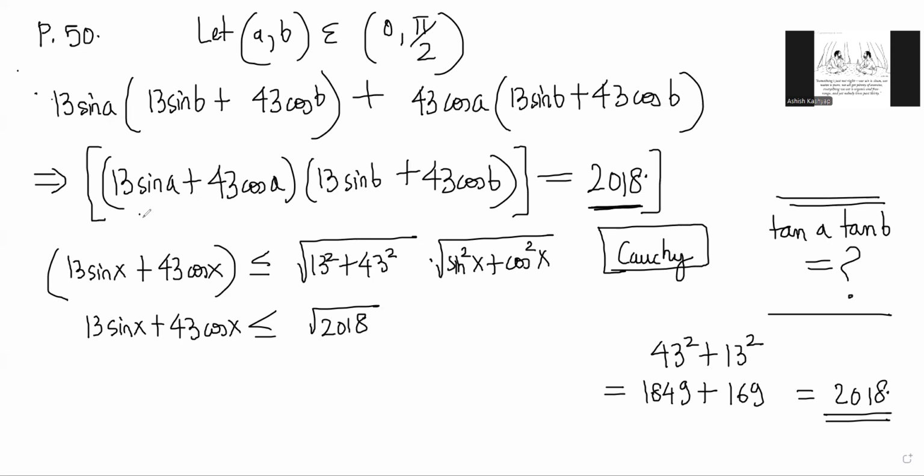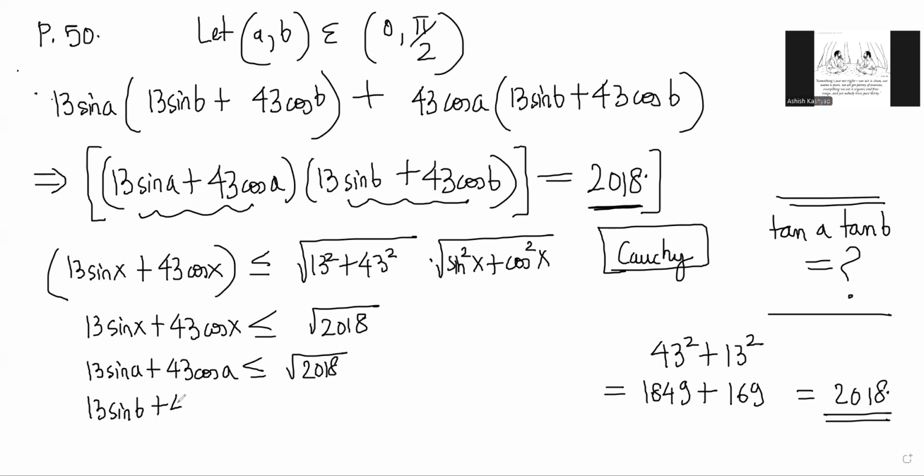And basically, you have to apply this inequality 2 times. You will get 13 sin A plus 43 cos A is less than or equal to root 2018. And you also get 13 sin B plus 43 cos B is less than or equal to root 2018. And the product of these, therefore, should be less than or equal to 2018.